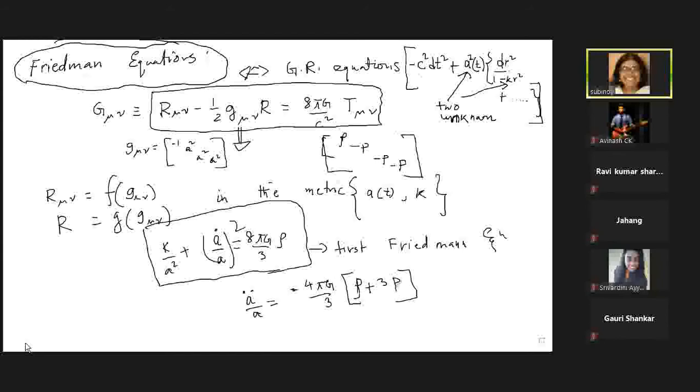So now you know why pressure enters, because the metric and T mu nu has a pressure term. So rho and pressure terms enter, and on the left side there are no K terms. Somehow it gets cancelled. So this is the second Friedmann equation, which is the most important one. These are the two Friedmann equations you should remember by heart.